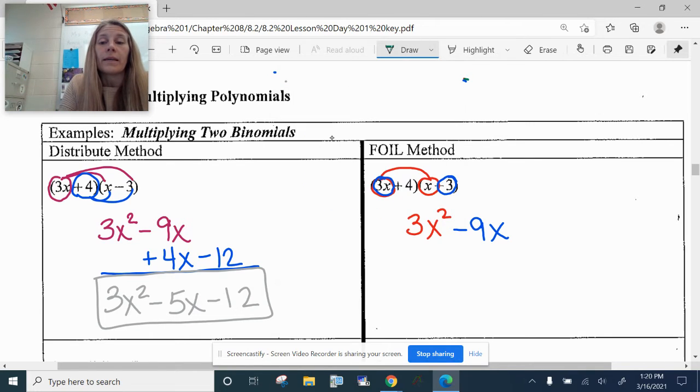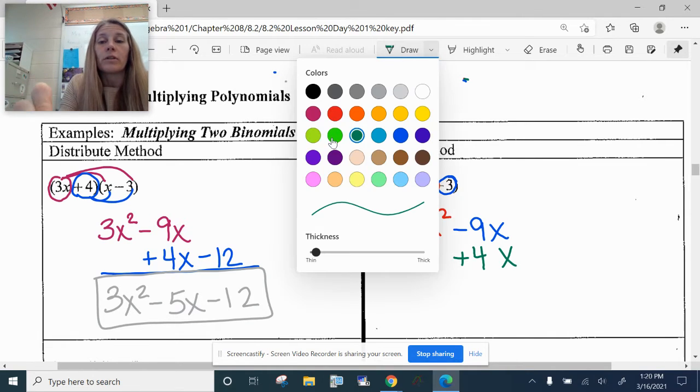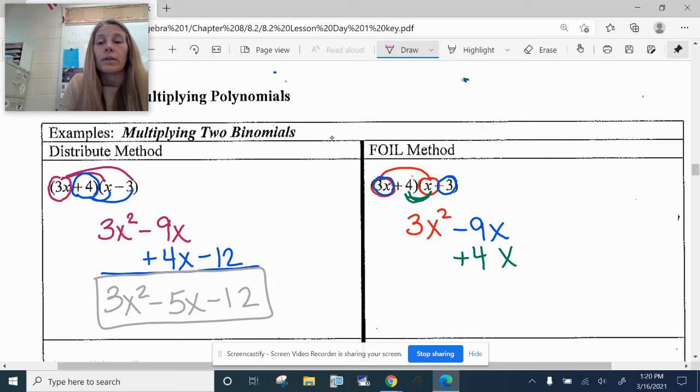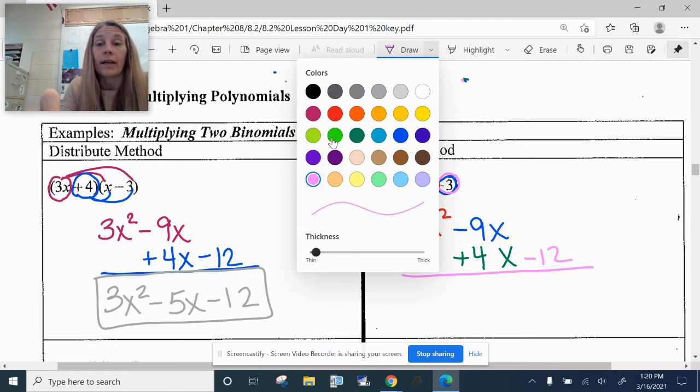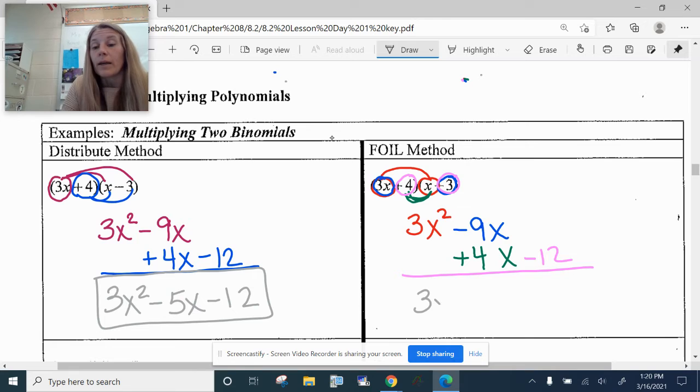Then I'm going to do the inside, so 4 times x. And then I'm going to do the last, which is 4 and the negative 3. Now notice, other than the fact that my colors are different, it's really not a different answer. So when I combine my like terms, again, I still have 3x squared minus 5x minus 12.